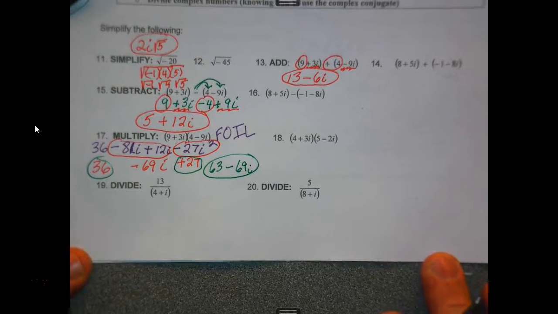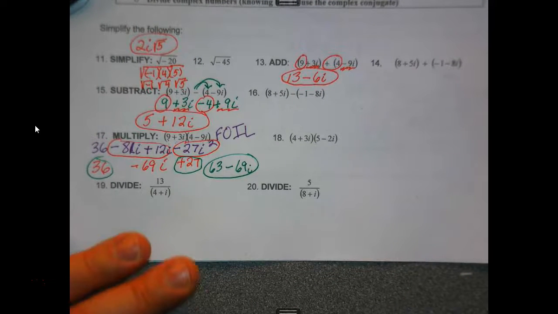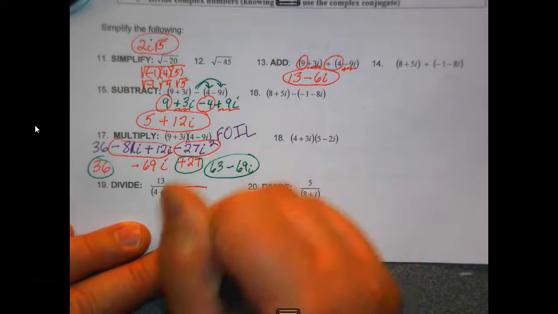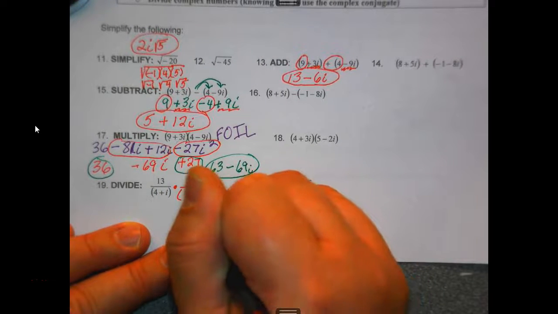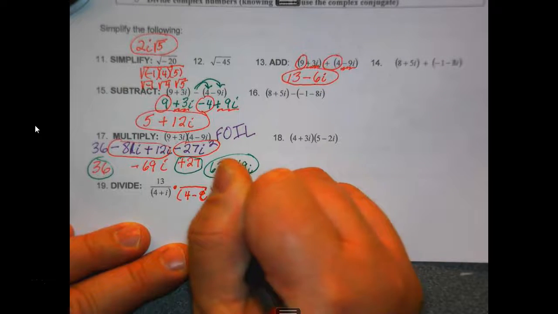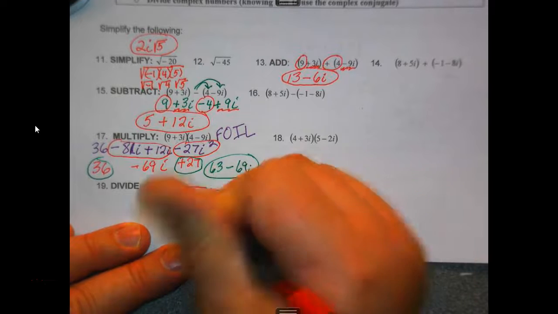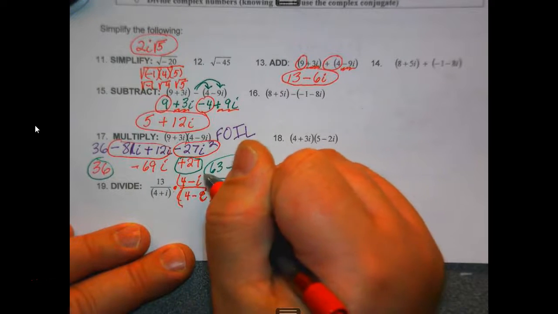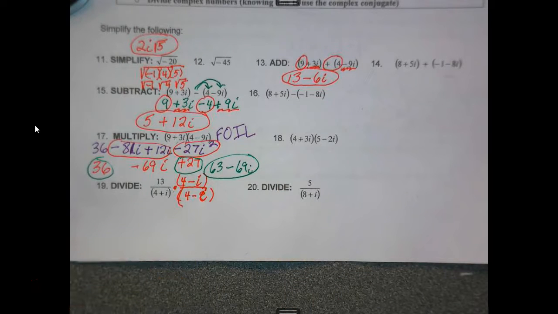Number 19, division. How do I do division? I can't leave i in the denominator, so I have to multiply by the conjugate, 4 minus i. And I have to multiply the numerator by 4 minus i. What happens when you multiply by the conjugate?